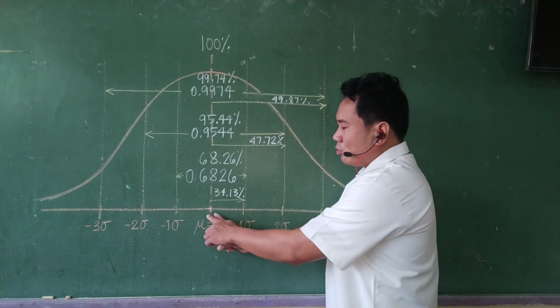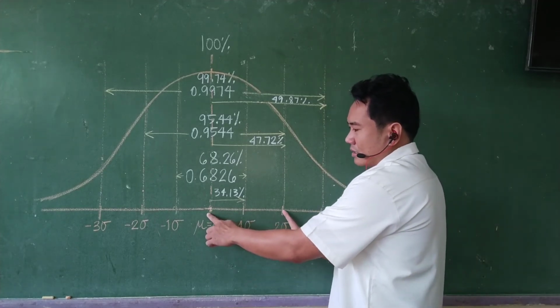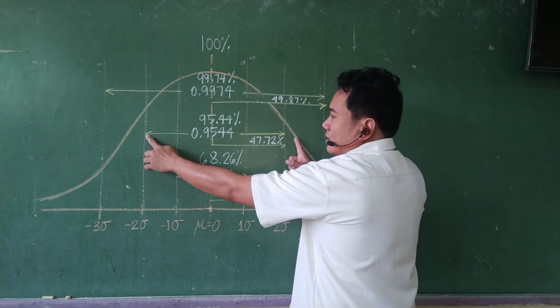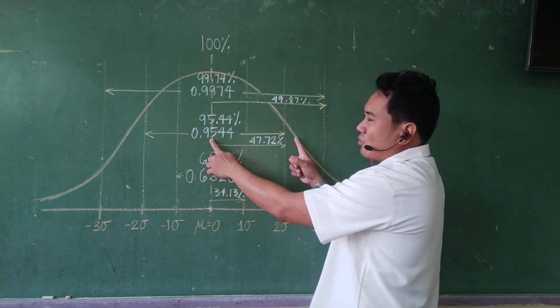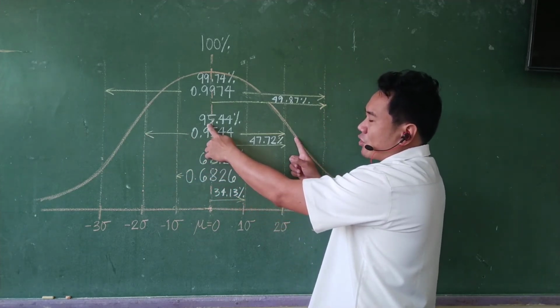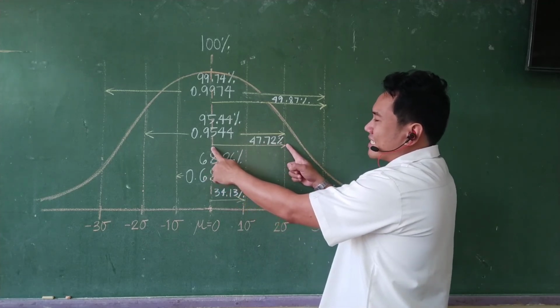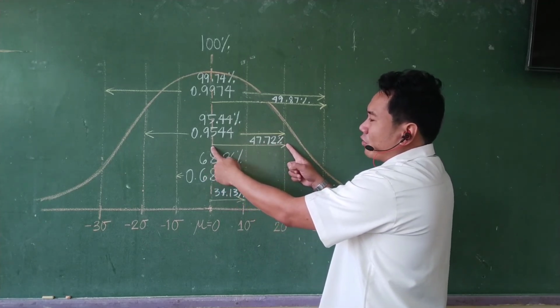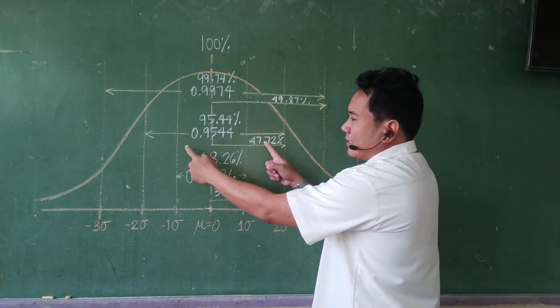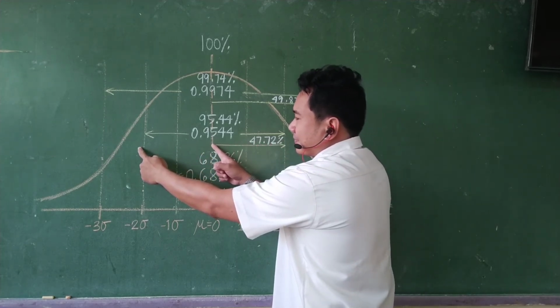Next, two standard deviations from the mean is equal to 0.9544 or 95.44%, or that is 47.72% on both sides, this side and this side.